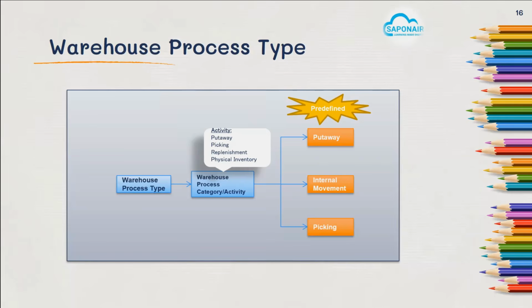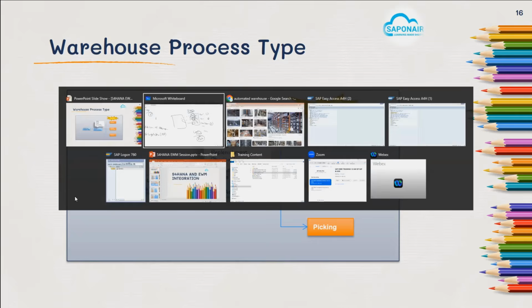Now I want to record this in the system. So how am I going to do it? I'm going to do it by warehouse process type. I say that I'm receiving. So the system will understand only by its warehouse process type. So in the process type you mentioned it is a put away.